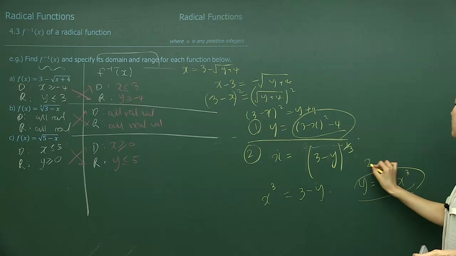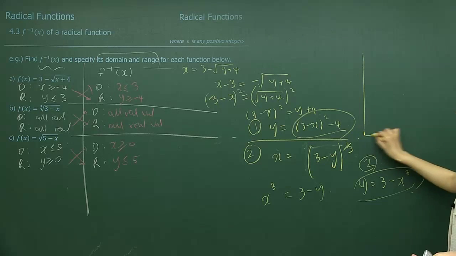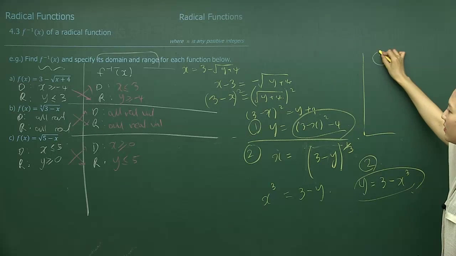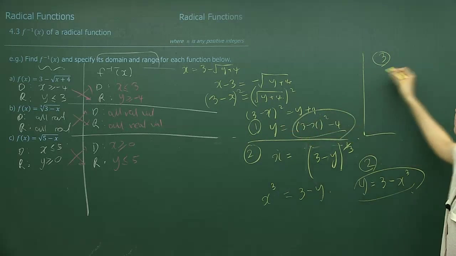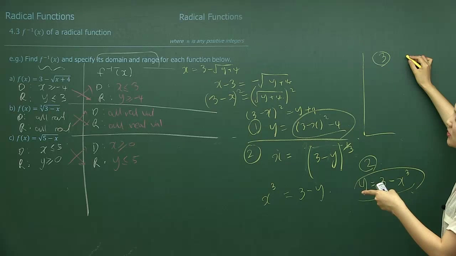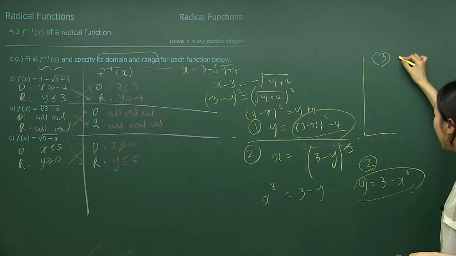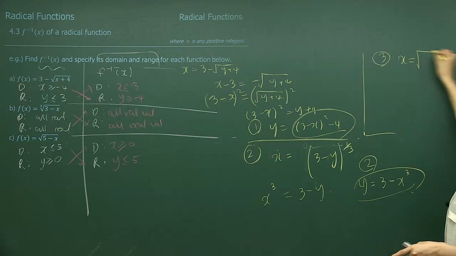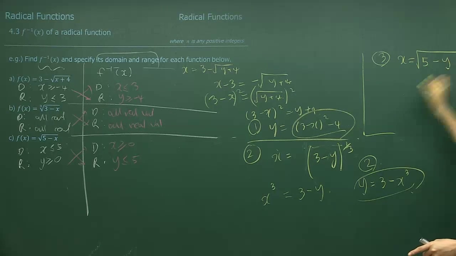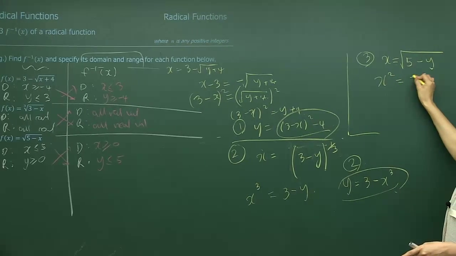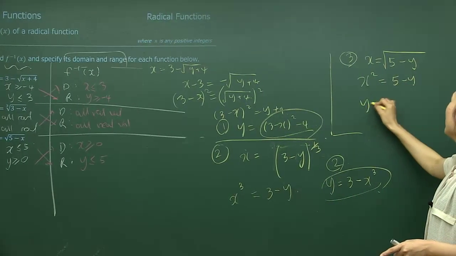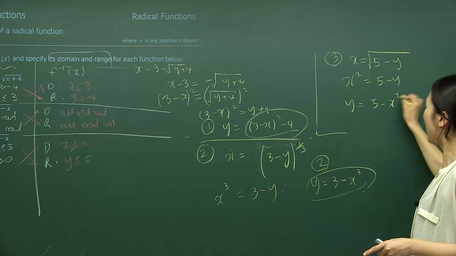So that's number 2. Finally, number 3, the third expression was f of x equals square root of 5 minus x. Swap it around, square root of 5 minus y is what we have. x squared is equal to 5 minus y. y equals 5 minus x squared.